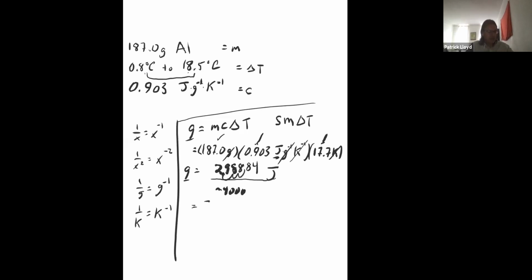So that's 2.98884, and then I moved it 3, so times 10 to the 3. Now we can round it. 1, 2, 3. This number is 5 or greater, so this gets rounded up. So 2.99 times 10 to the 3 joules.